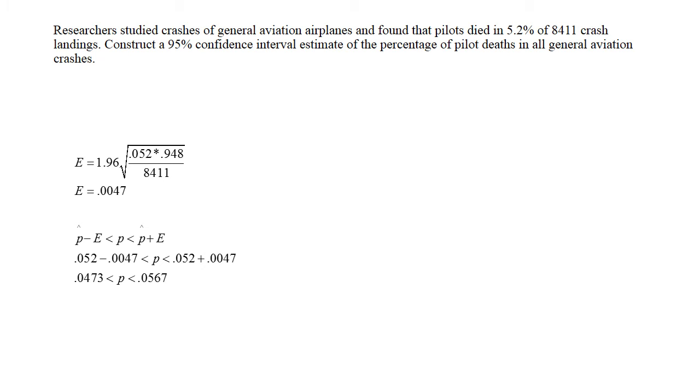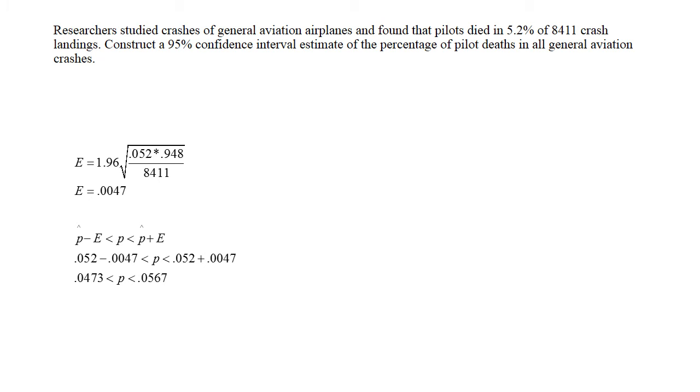Construct a 95% confidence interval estimate of the percentage of pilot deaths in all general aviation crashes. First, we find E, the margin of error. E equals, since again this is a 95% confidence interval, we already know the z-score is 1.96. So 1.96 is the z-score.